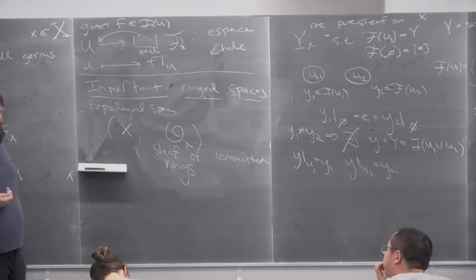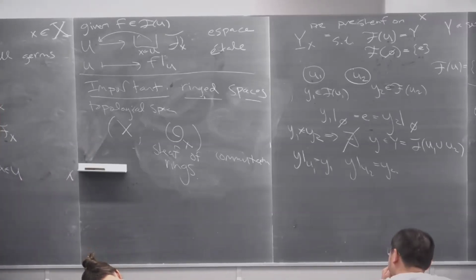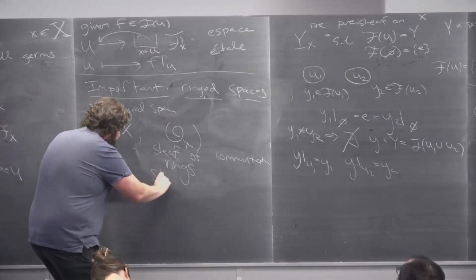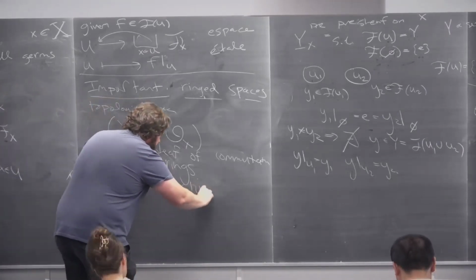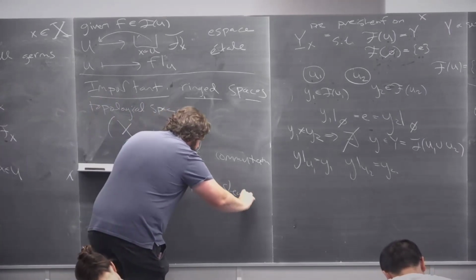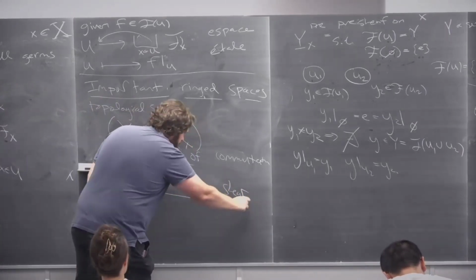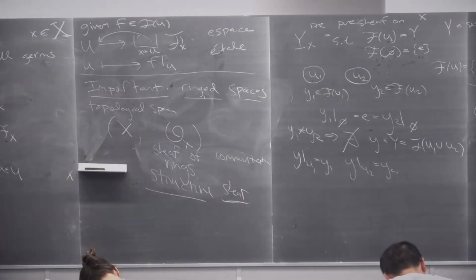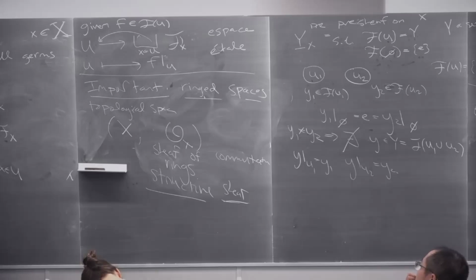So that smooth manifold is an example of a ringed space, and I think of that ringed space structure as really encoding the manifold structure. This is usually called the structure sheaf. And since these are my basic functions, everything else that appears is going to be a module over the structure sheaf.